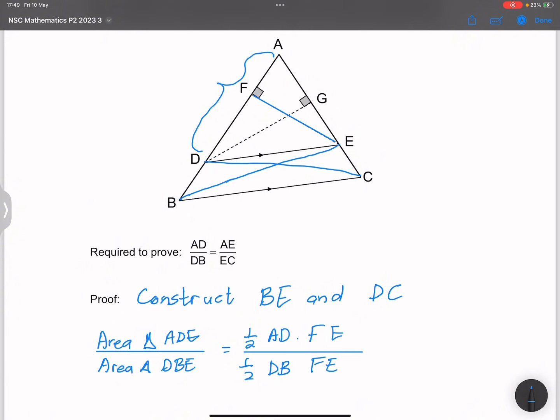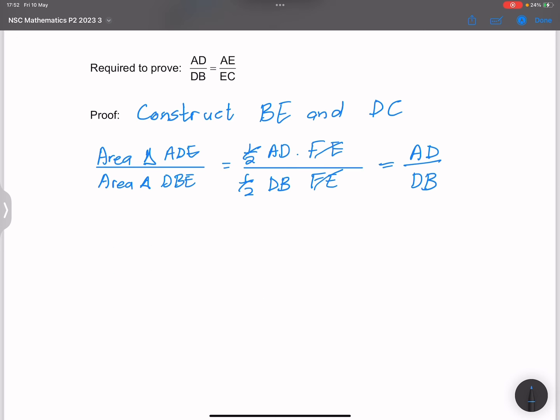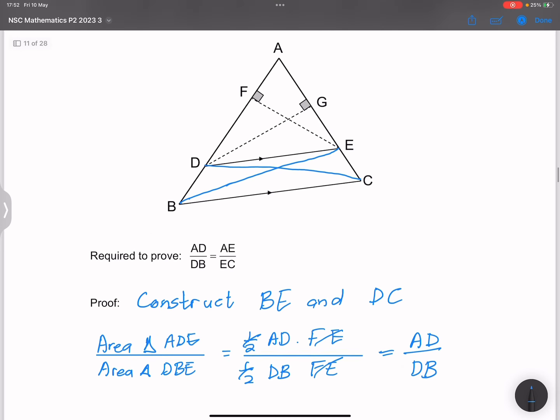Now, if you notice there, we can cancel those two, and those two cancel, and what are we left with? We're left with AD over DB.